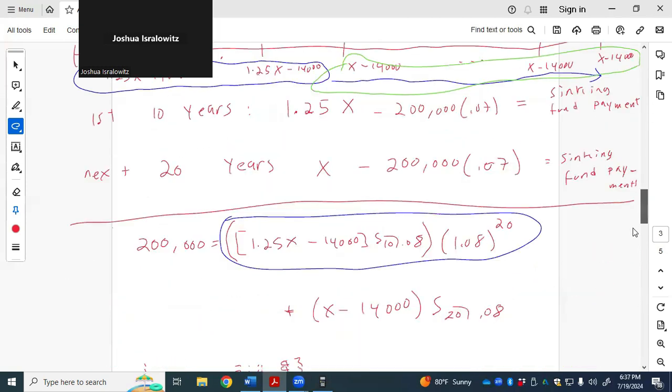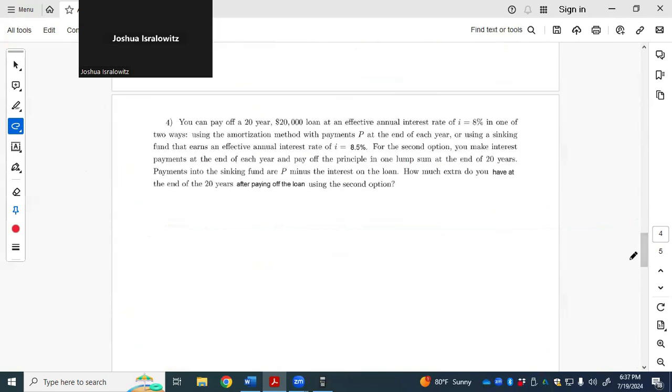Here, I'm telling you, we're going to have a prescribed total payment using the sinking fund method. So sinking fund deposits plus interest payments is going to be the same thing as paying it off in the usual way.